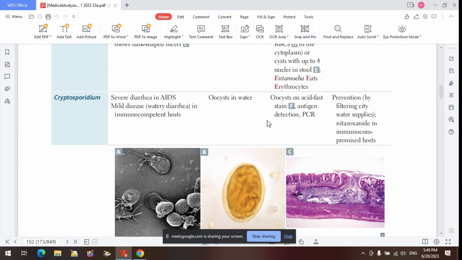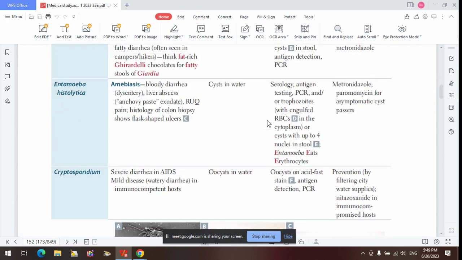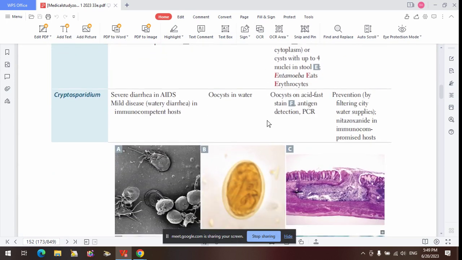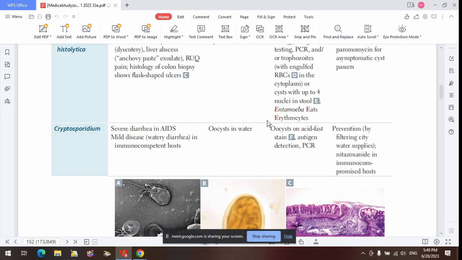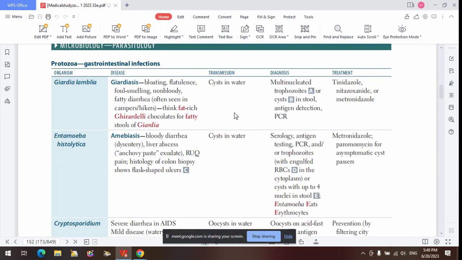Oh, Trichomonas. Trichomoniasis. I'm sorry, I didn't give you guys the right information. Both the Trichomonas and the Giardia trophozoite appear pear-shaped and flagellated. But you see Trichomonas on wet mount of vaginal discharge. Don't forget that. So, tinidazole, metronidazole, nitazoxanide.